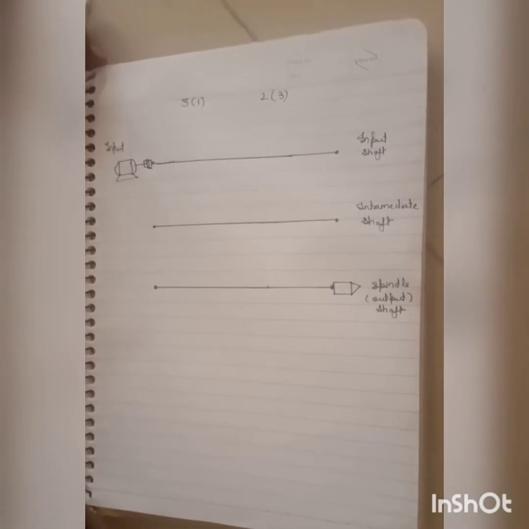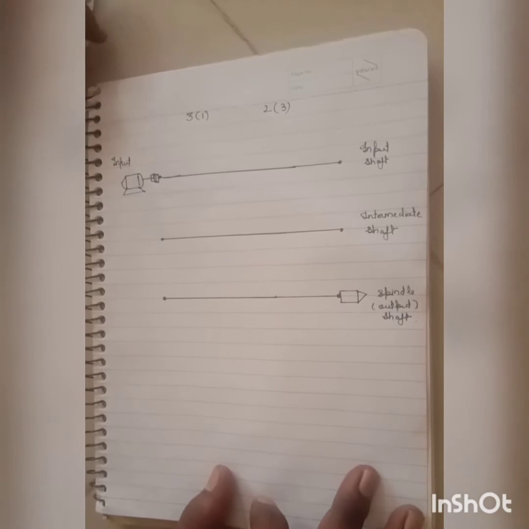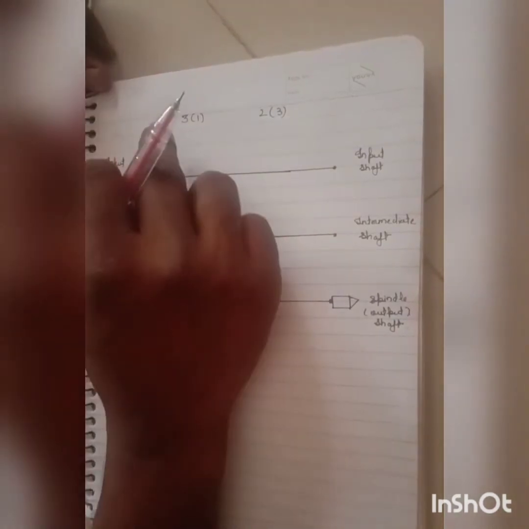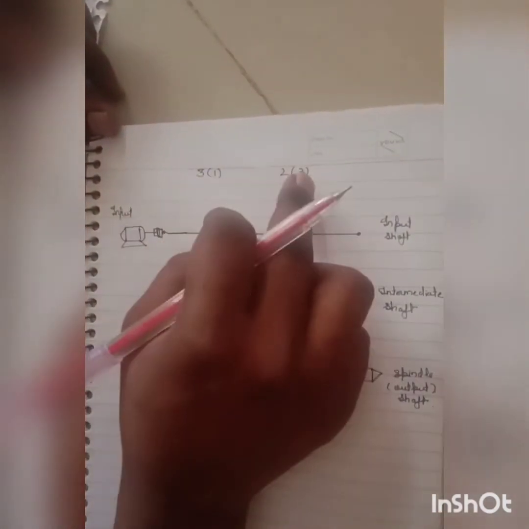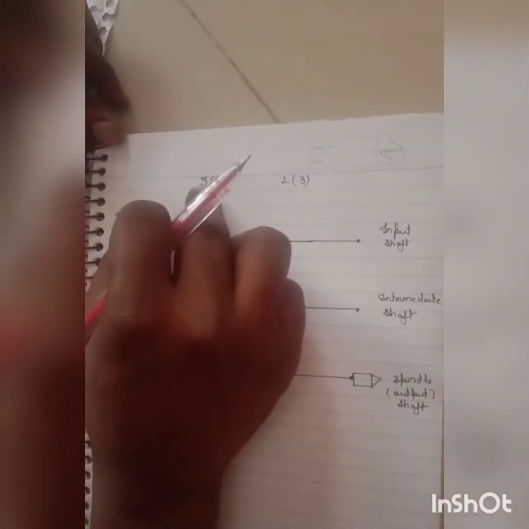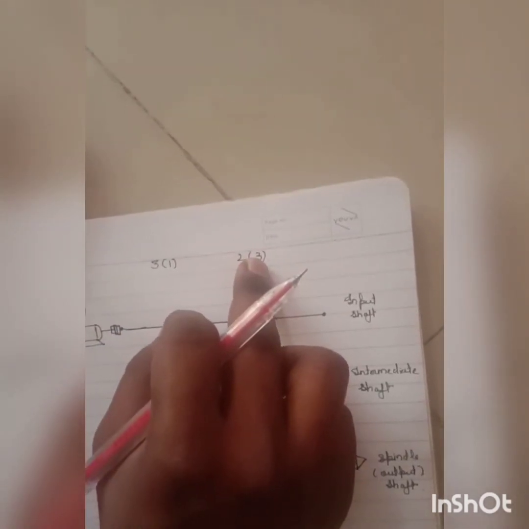Let us now draw the kinematic gearing diagram for a 6-speed gearbox. We know the structural formula, that is 3 in bracket 1 and 2 in bracket 3. So the first becomes the first transmission group, and the second becomes the second transmission group.